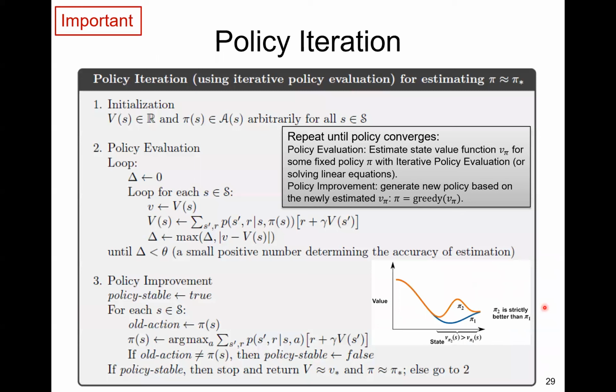So policy iteration adds an additional step of policy improvement in addition to policy evaluation. So policy evaluation gives you the value function for a given policy, and then policy improvement generates a new policy based on the newly estimated V pi by taking an argmax of the Q(s,a).